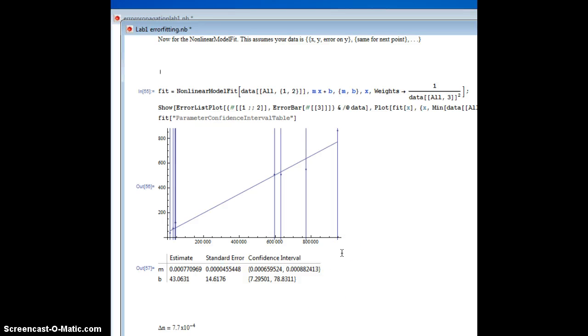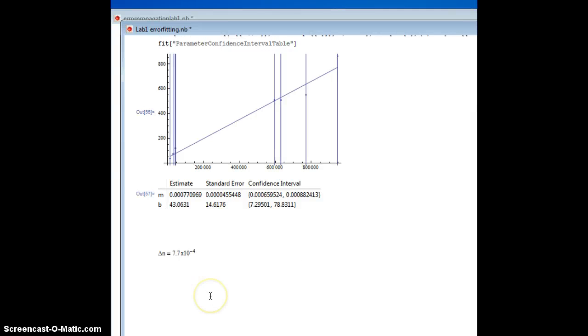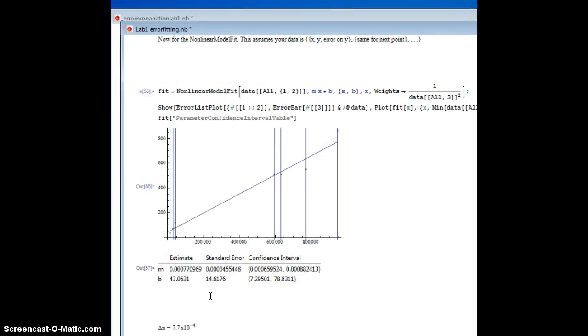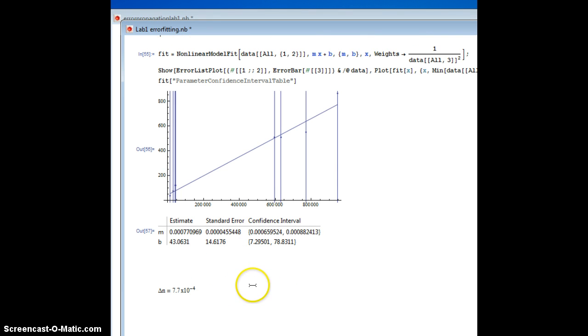Again, we probably could have narrowed that down with a little less conservative error approximations.